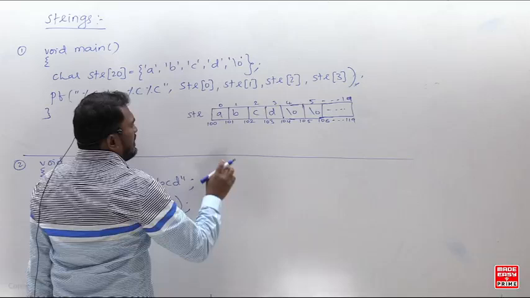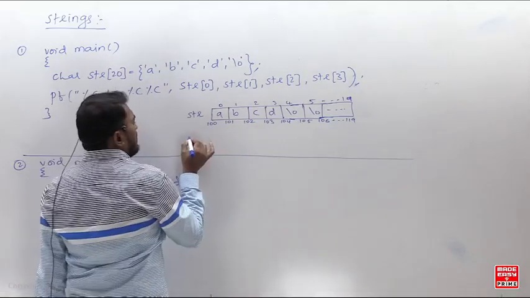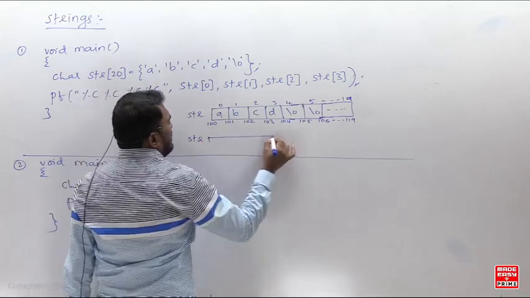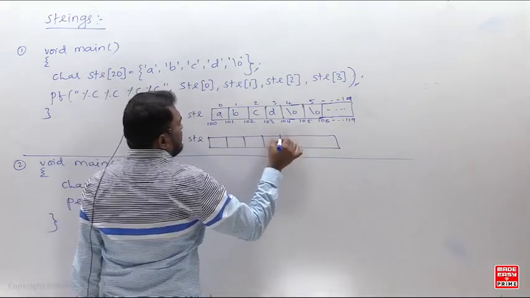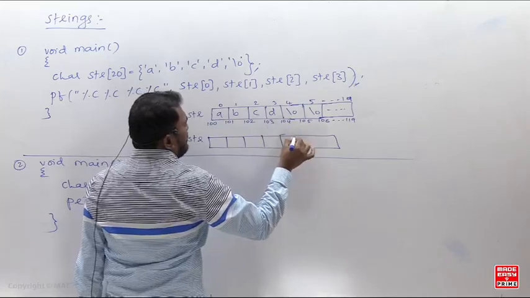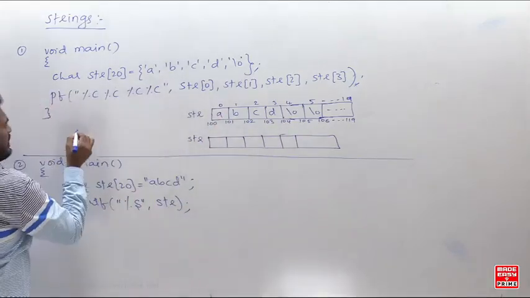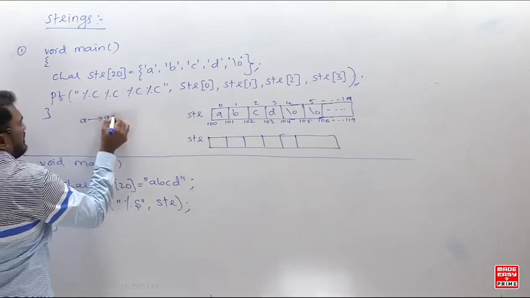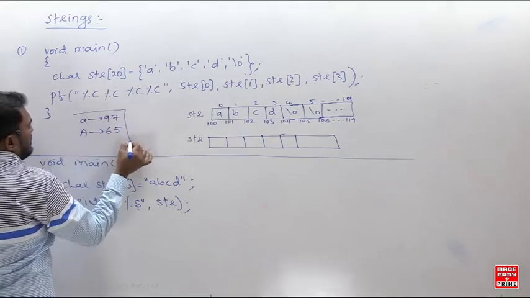Now remember, you are thinking that it is like a, b, c, d, but I told you that actually it will be stored in the form of their ASCII values. So small a ASCII value is 97. Capital A ASCII value is 65. Just copy this.